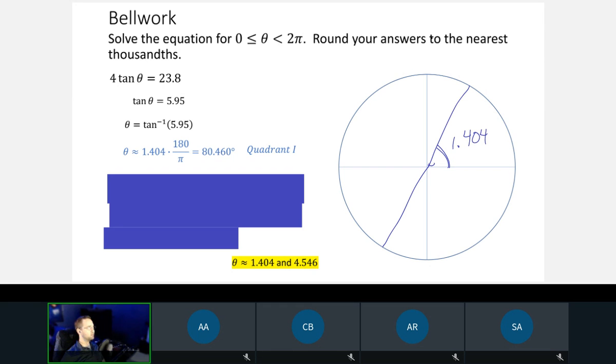So we need to figure out the other angle. We need the angle from here all the way around to that angle. And, geometry, these diagonal angles are the same, right? So the pen doesn't want to work today.